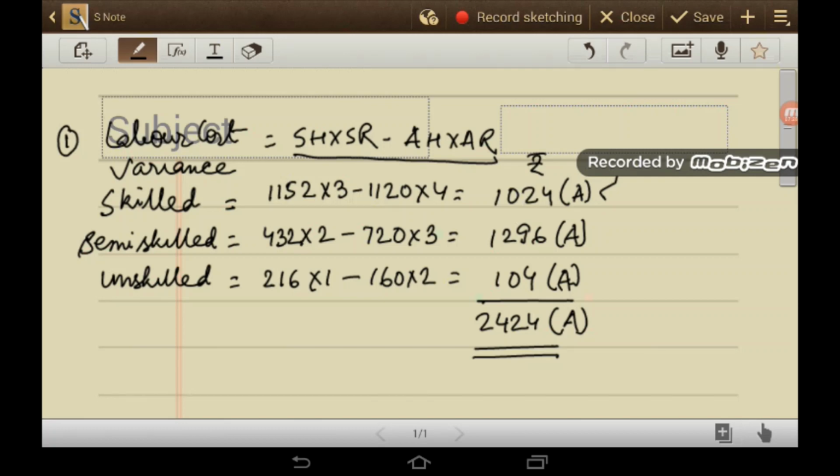Since the actual cost is more than the standard cost, you have an adverse variance, and if your standard cost is more than actual cost, it will be favorable variance. For semi-skilled 1296 adverse and unskilled 104 adverse. So total labor cost variance is 2424 adverse.